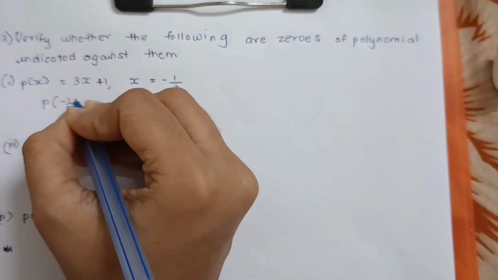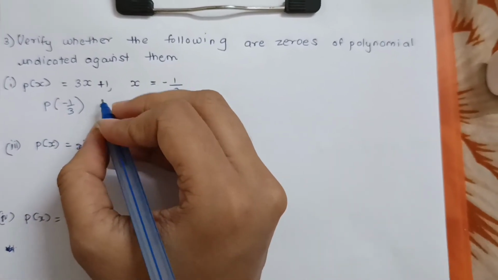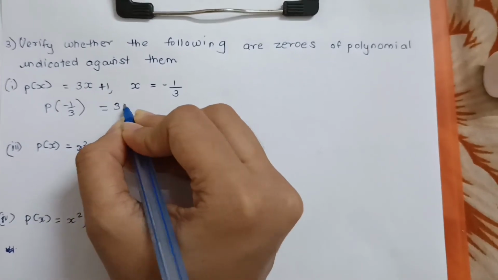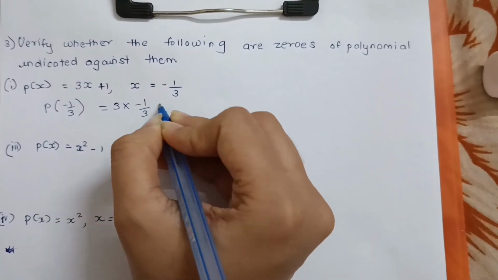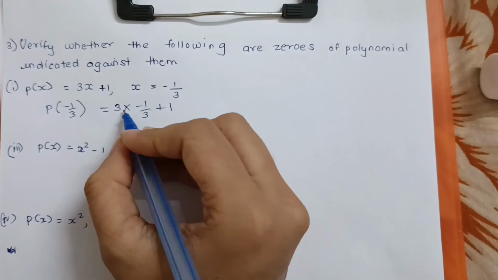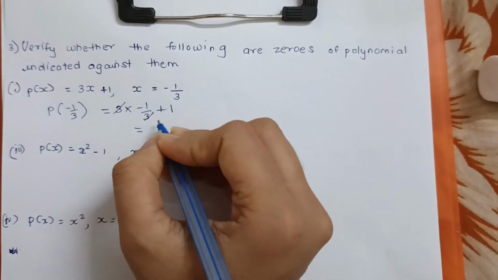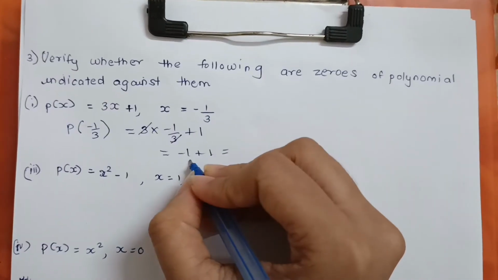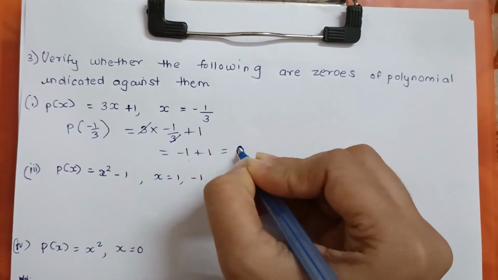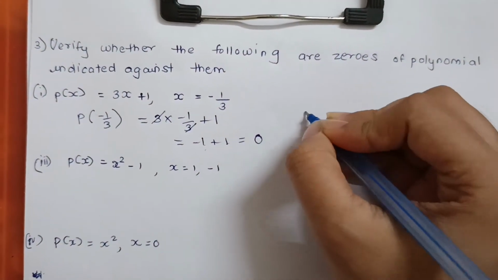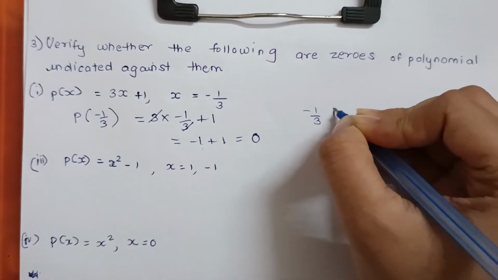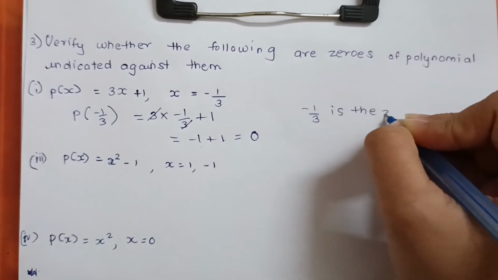So P(minus 1 upon 3) is equal to 3 multiplied by minus 1 upon 3 plus 1. Here 3 will be cancelled, and after solving, minus 1 plus 1 is equal to 0. Therefore minus 1 upon 3 is the zero of the polynomial.